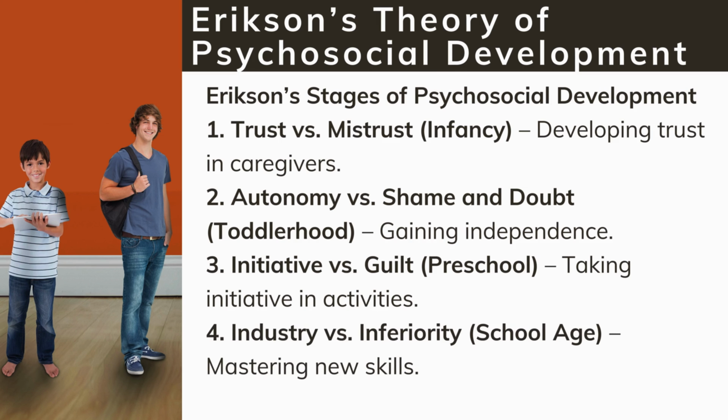Industry versus inferiority. During school age, children gain competence in skills and academics. Example is a child mastering math builds industry, whereas repeated failure may lead to feelings of inferiority.